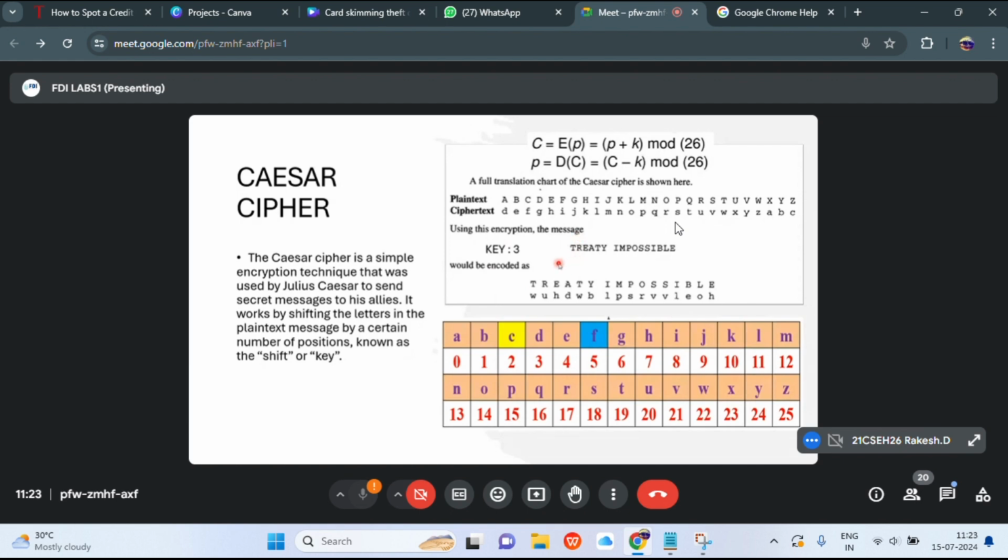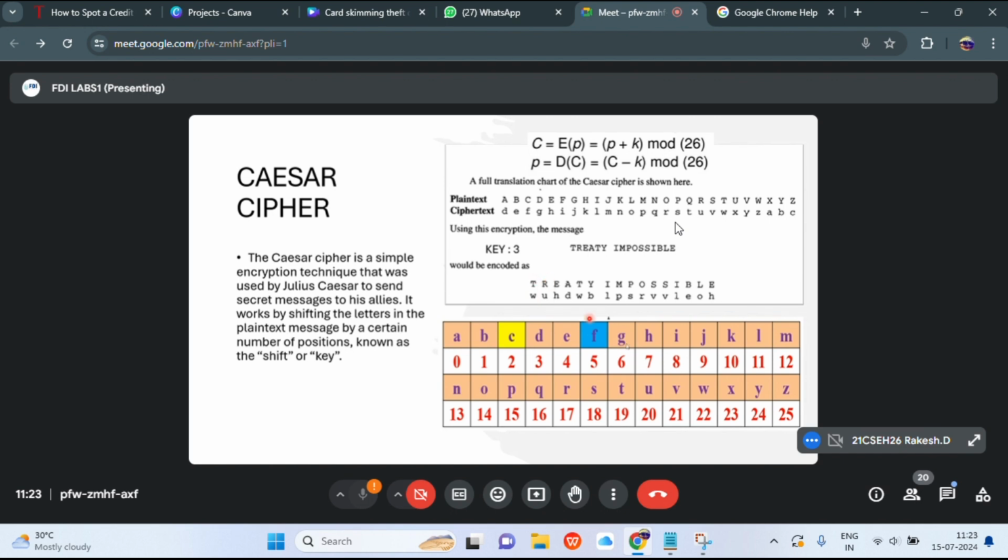For example, our first letter is T. Where is T? T is in the 19th position. As we know the key is 3, we have to shift 3 times. From 19, I'll go 1, 2 and 3. What is in the 22nd position? That is W. So W is our ciphertext for T.